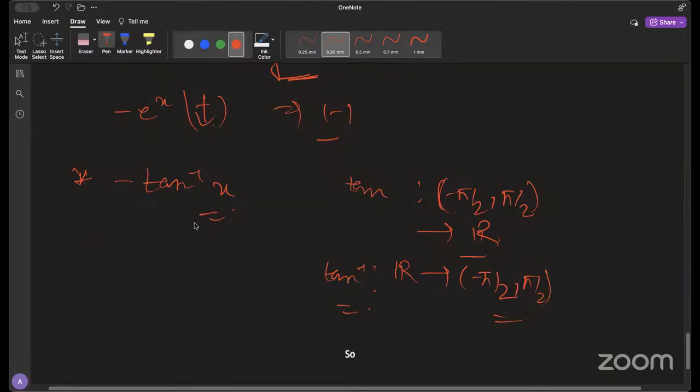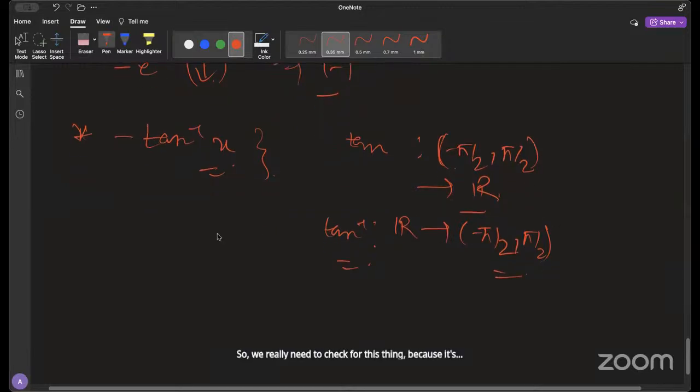So you don't really need to check for this thing because it's obvious because it has an inverse. And you can just add one more thing because this thing has an inverse on R. That is why it's increasing. It has to be a 1-1 function, right? Without it being a 1-1 function, it can't have an inverse.